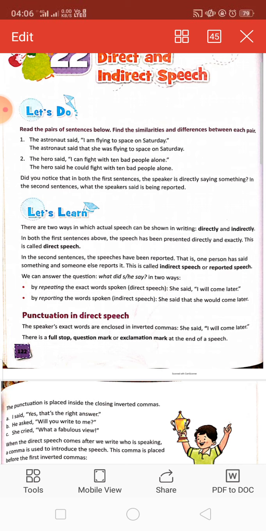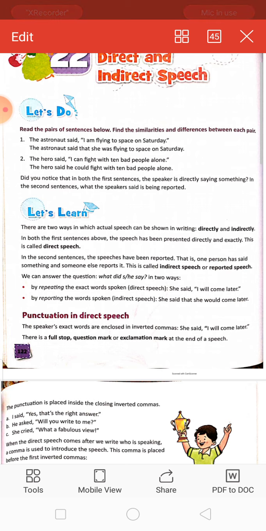In the second sentences, the speeches have been reported. That is, one person has said something and someone else reports it. This is called indirect speech or reported speech.